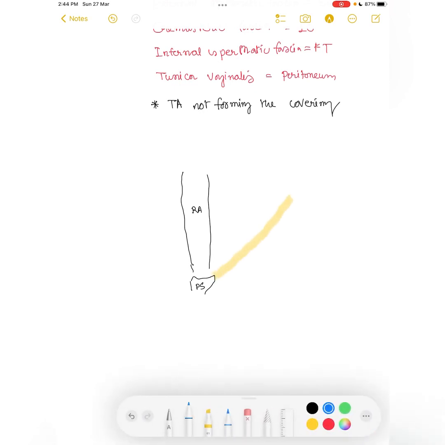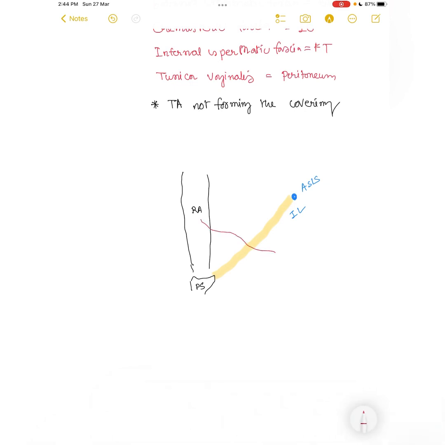This is the inguinal ligament, and here is the inferior epigastric artery, which is a branch of the external iliac artery.